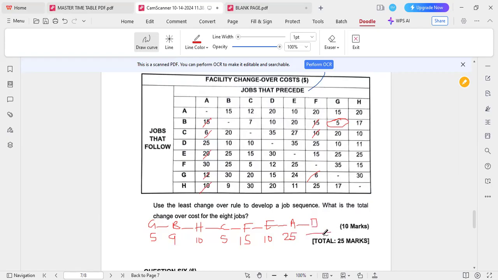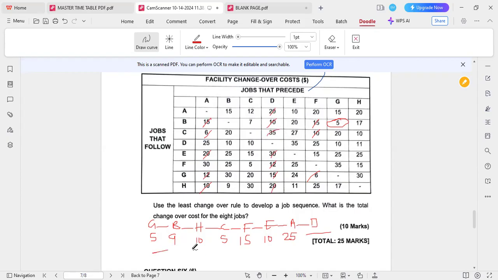Just put a dash because it will show you that all of them have been taken up, because you see for D, there will be F 10D taken up, 12F is taken up, then 15G taken up. You find that all of them are taken up, 20H is taken up, 20A is taken up, 30E is taken up, and the C is taken up.